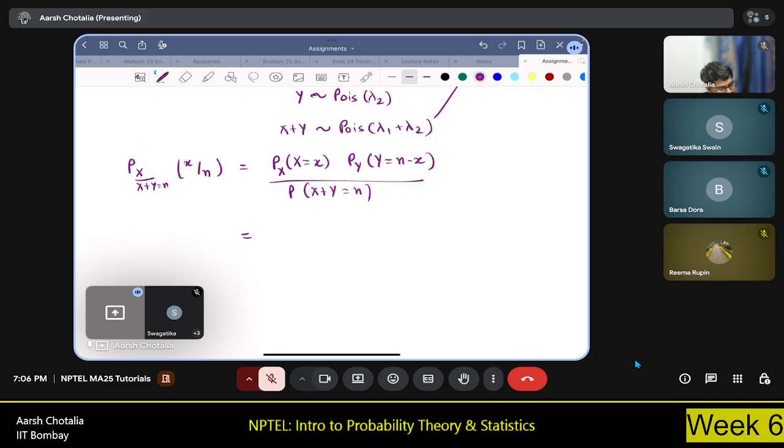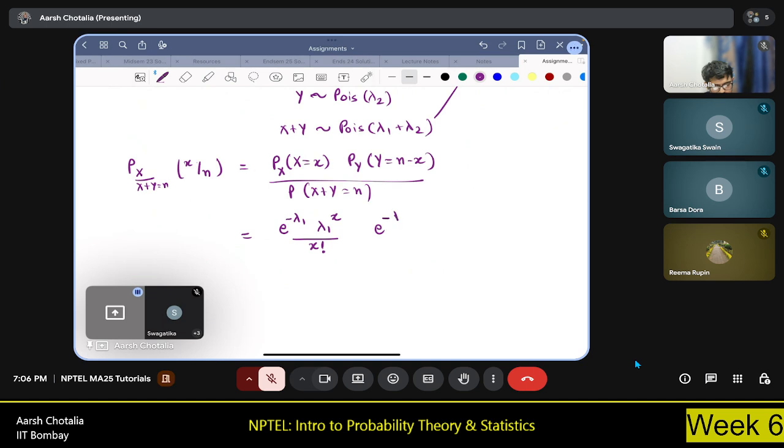Now the first one is Poissonian with lambda parameter, so e raised to minus lambda 1, and then lambda 1 raised to x divided by x factorial. This is the Poissonian distribution.